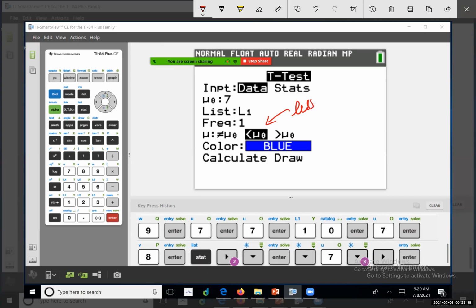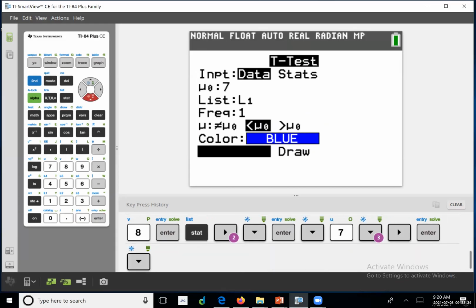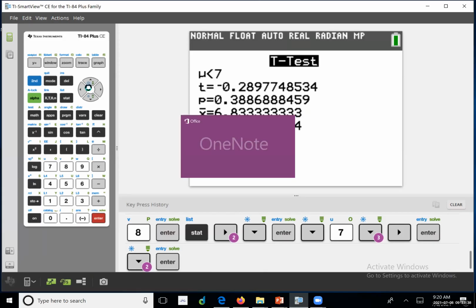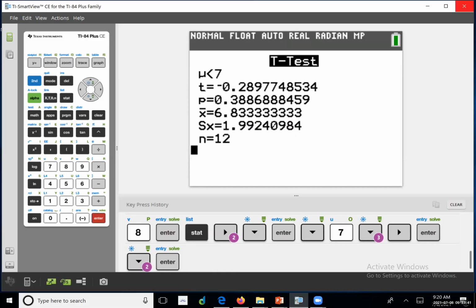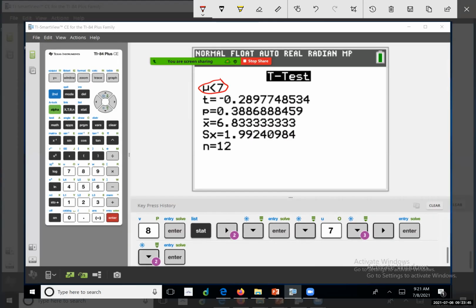It says mu less than mu naught, which is 7, so mu is less than 7. This should match your alternative hypothesis.